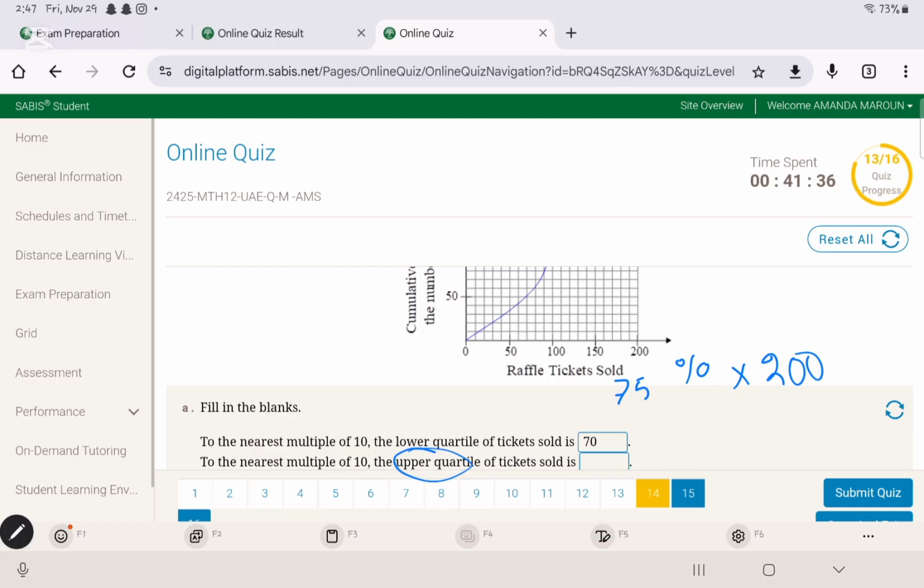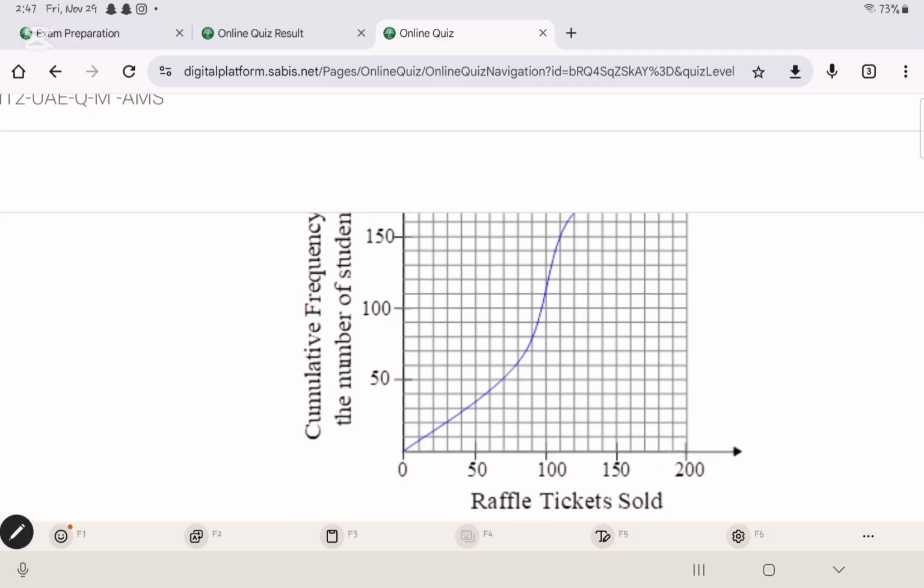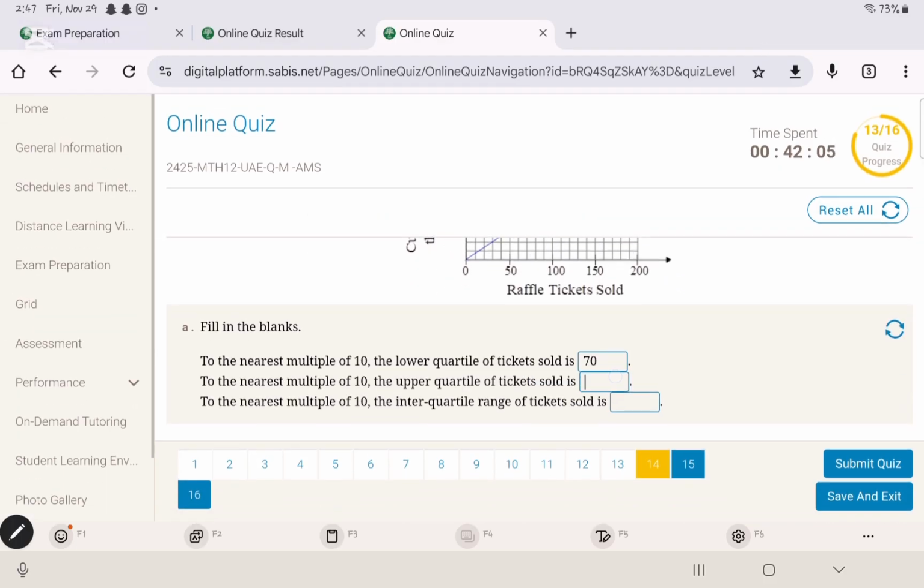So doing 75 over 100 times 200, this is gonna give us 150. So we're not gonna put 150 as our answer. Instead, we're gonna go to the cumulative frequency, choose 150, and we get approximately 110.